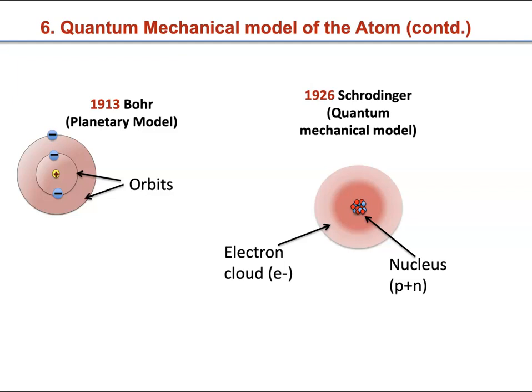And here's a summary of the two models. Here is Niels Bohr's planetary model and Schrodinger's quantum mechanical model. By this time, protons, neutrons, and electrons were discovered, so the nucleus has both neutrons and protons, whereas the electron cloud is this hazy area around the nucleus.